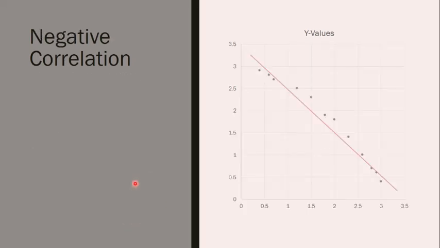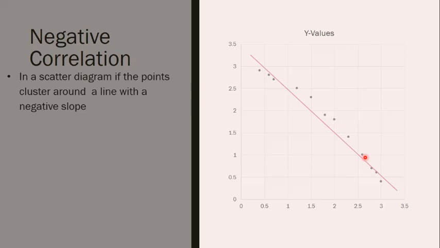Now we'll move on to the negative correlation. When you plot a graph, you will get a downward trend like this. And again, as you guessed, this is the negative slope. When the points cluster around this pink line or the negative slope in this manner, then it is said that x and y are negatively correlated. Here again it is clear that since it is negatively correlated, your r lies between -1 and 0.